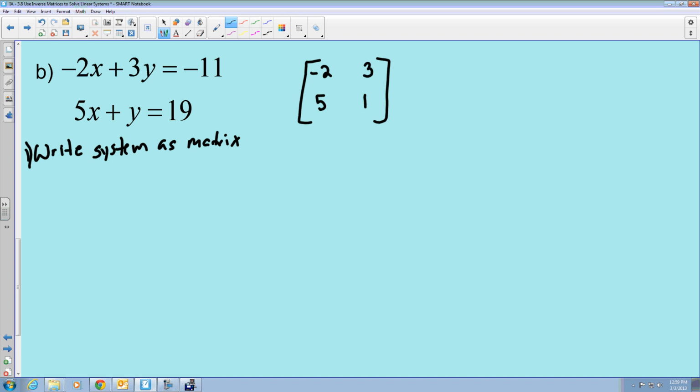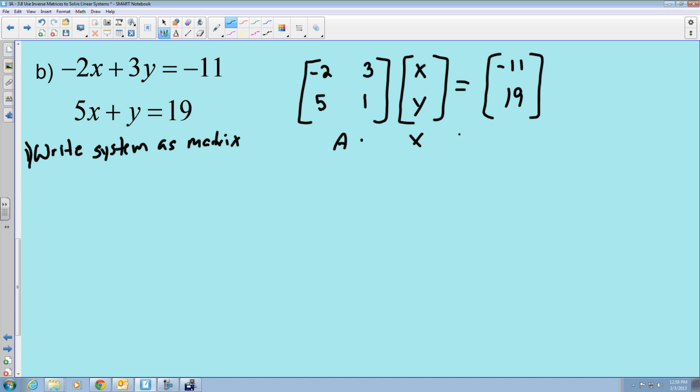My matrix X is my variables matrix, represented as x and y. And then it equals my constant matrix, which is B, and that would be -11 and 19. So here we've got A times X equals B.